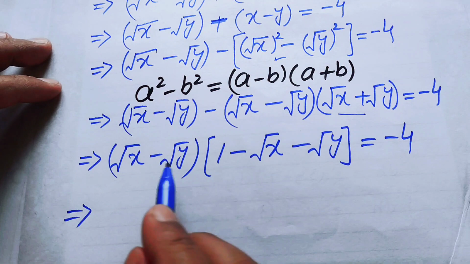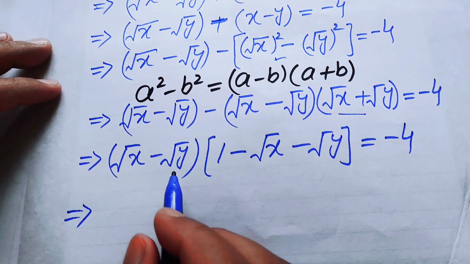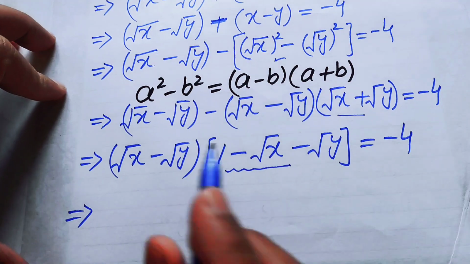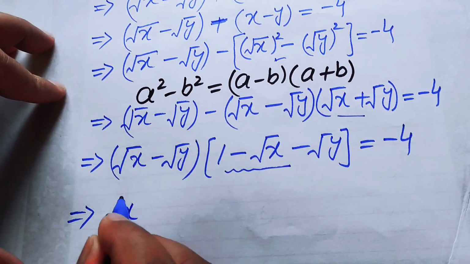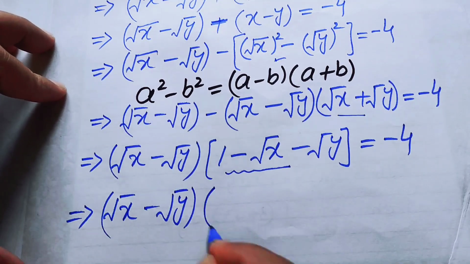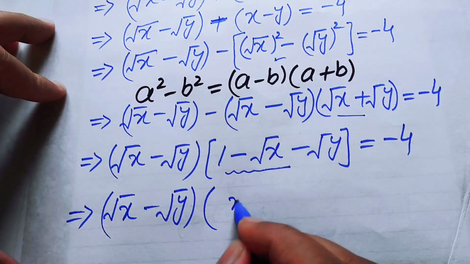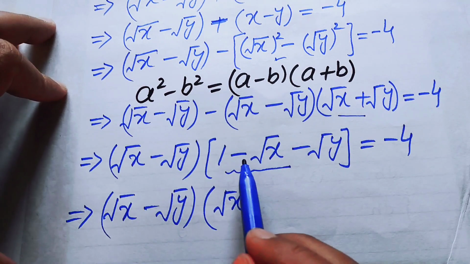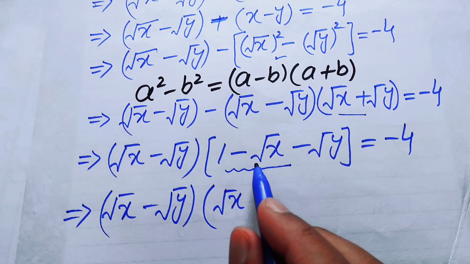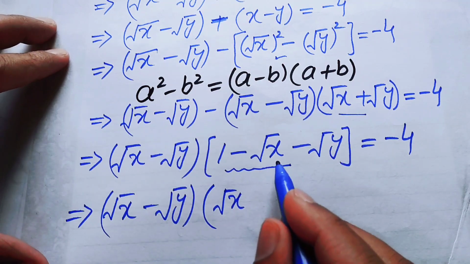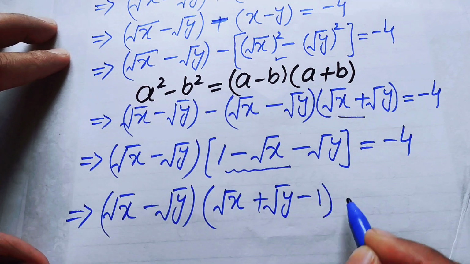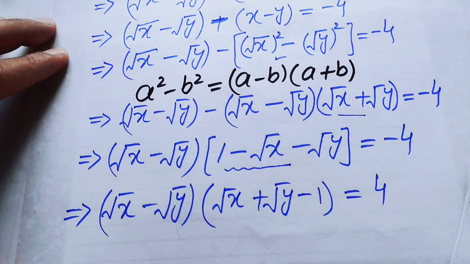Because these two factors are multiplied, I can multiply the minus sign on one term only. When we multiply by the minus sign, the sign of all the terms changes, so we get (square root of x minus square root of y) times (square root of x plus square root of y minus 1) equals plus 4.